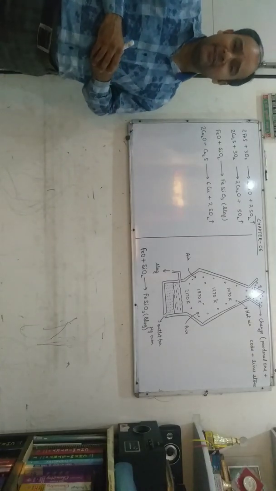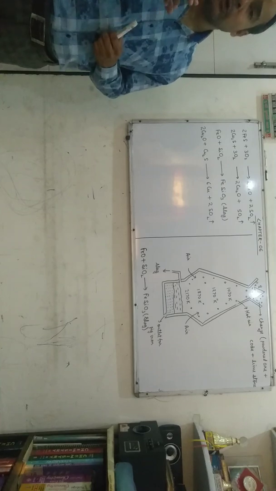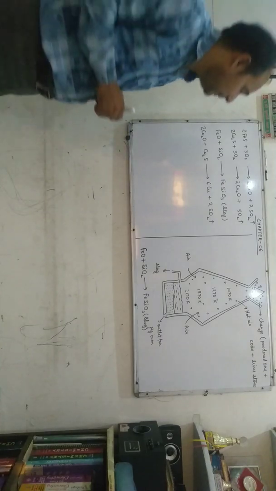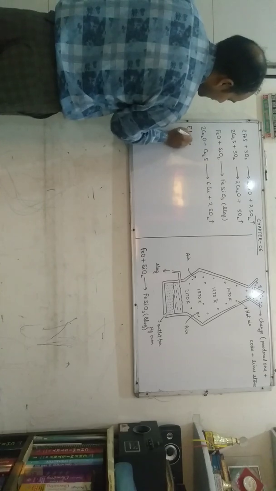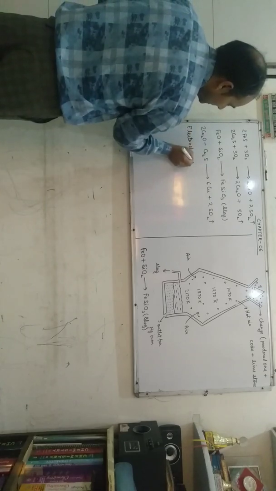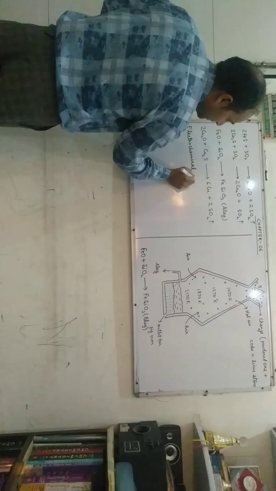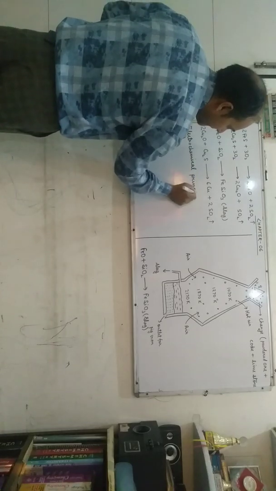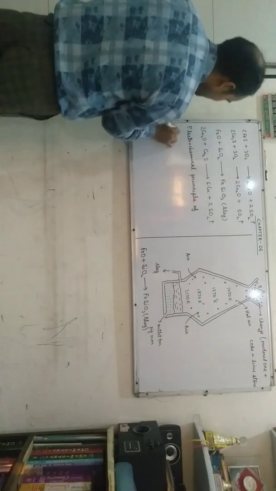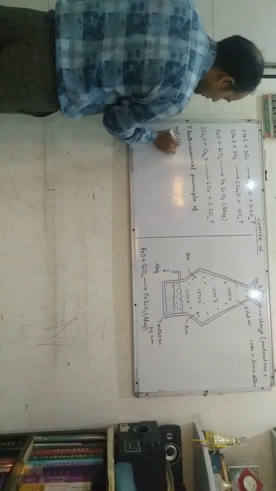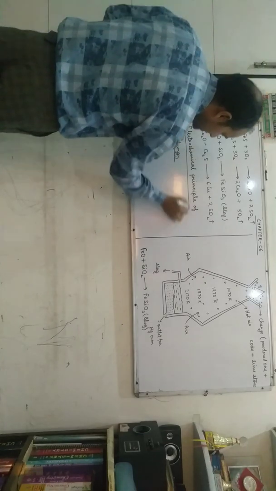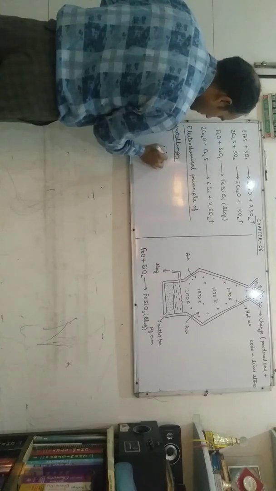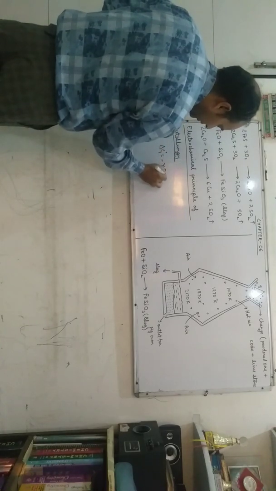Now we are discussing the electrochemical principle of metallurgy. Electrochemical principle of metallurgy is based on the equation delta G naught equals minus nFE naught cell.